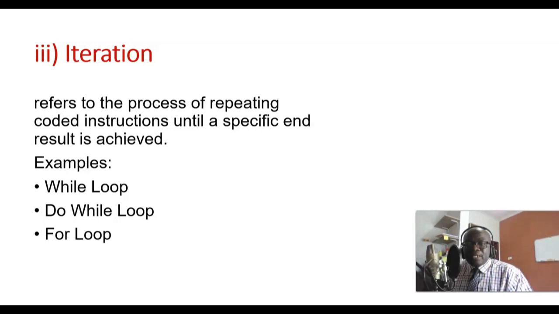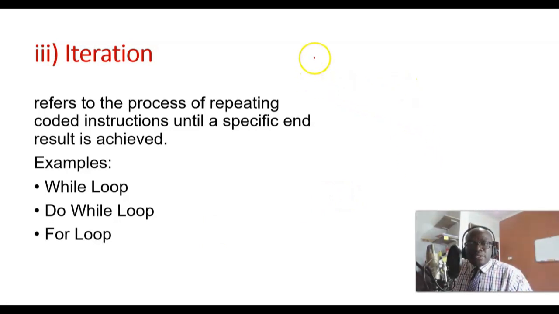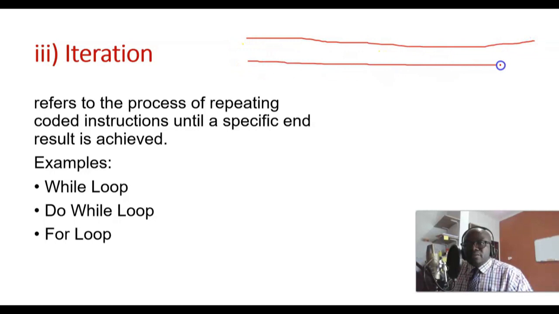Let me just pick up my pen here to illustrate what I want to explain. Suppose you want to write a program that will enable a person walking across a street, and this person is looking for a certain house.